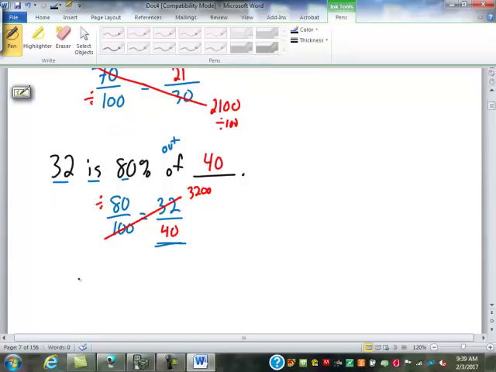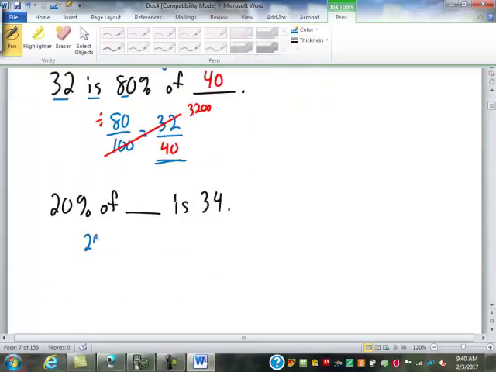Or we might have 20% of blank is 34. But here again, we have the percent. So it's 20% is 20 over 100. Of blank, we can read that as out of blank.